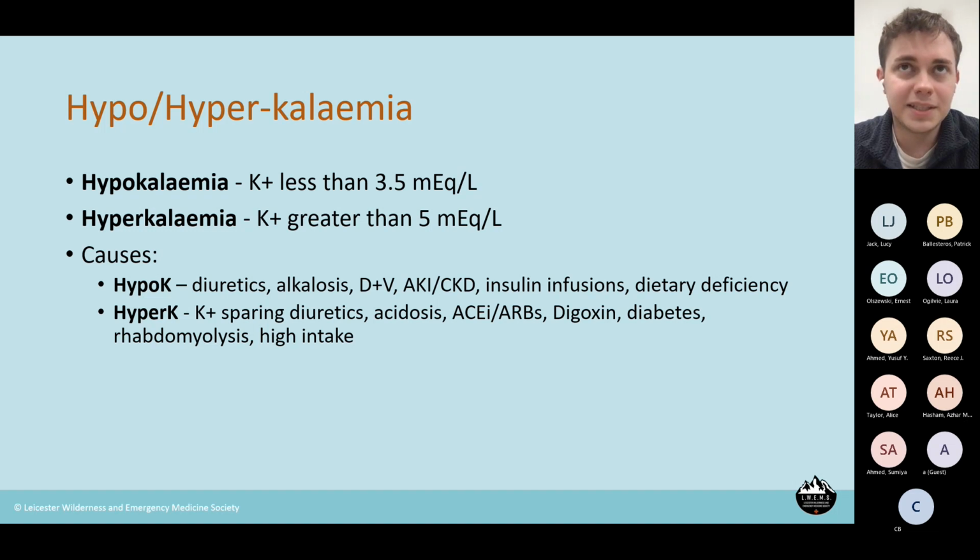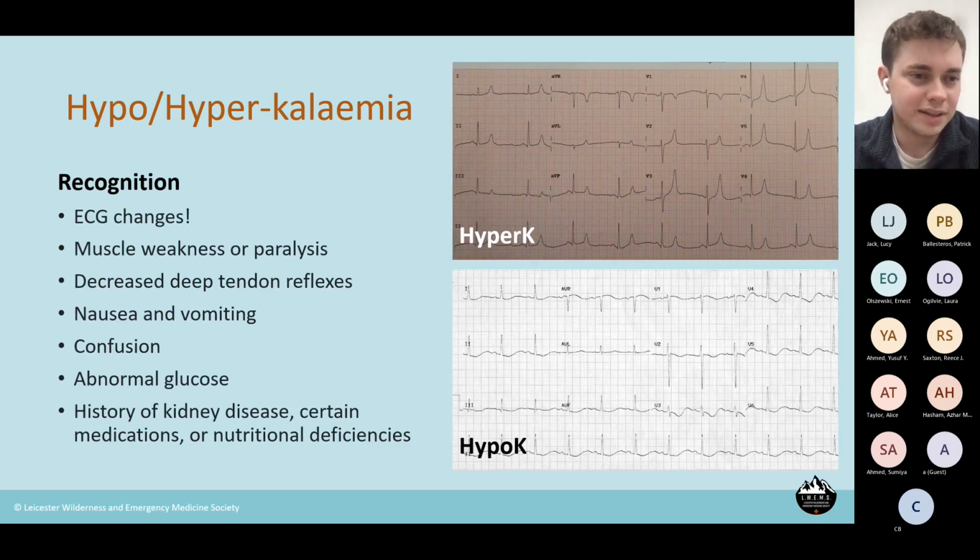But that persistent voltage-gated sodium channel activation will lead actually to them being inactivated and a reduction in total excitability. So hence in both cases, hyper and hypokalemia, the signs that we're going to go through on the next slide are all that of reduced excitability.